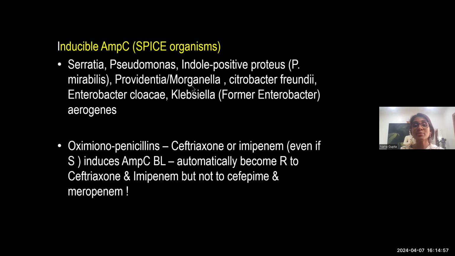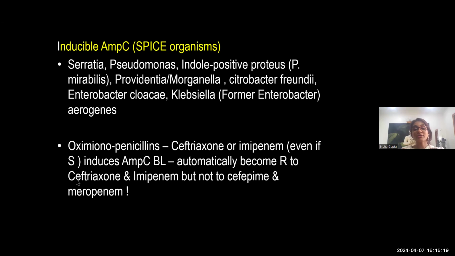If these bacteria are exposed to oxyimino-group cephalosporins, say ceftriaxone, or imipenem, it induces AmpC beta-lactamase production, resulting in resistance to ceftriaxone as well as imipenem, but not to cefepime or meropenem.